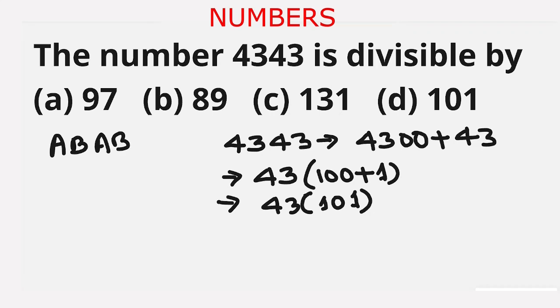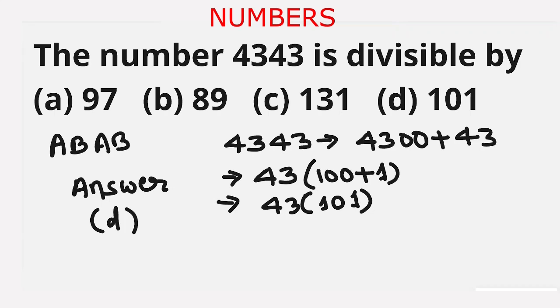And all such numbers which are of the form ABAB, like 4343 or 2424 or 5757, are divisible by 101. Hope you have understood the method of solving such questions. And from the given options, our answer is option D 101.